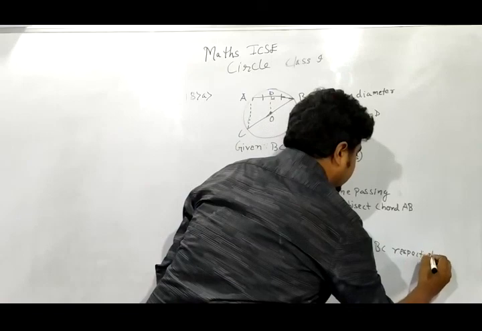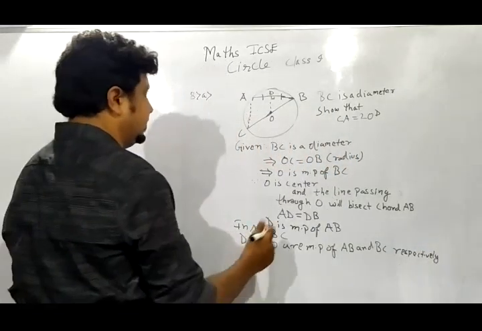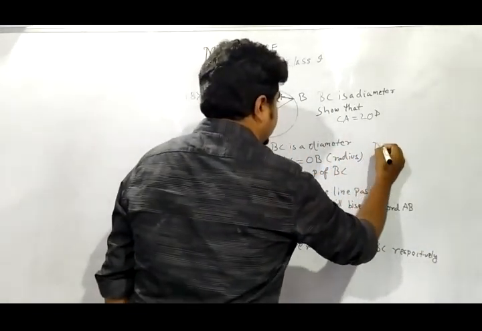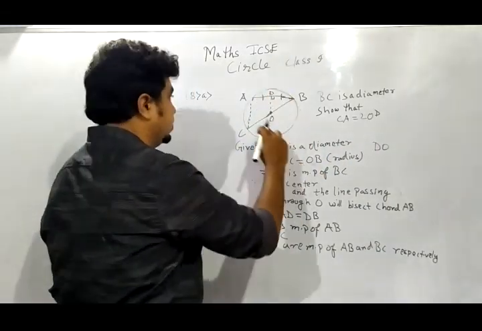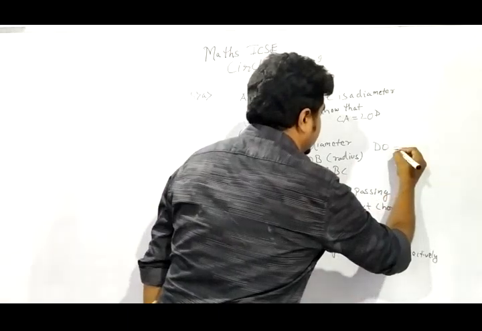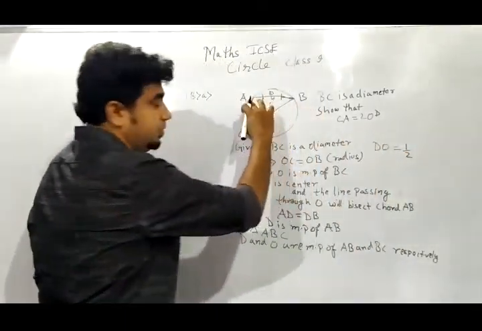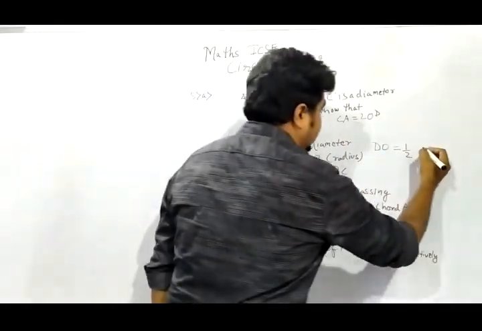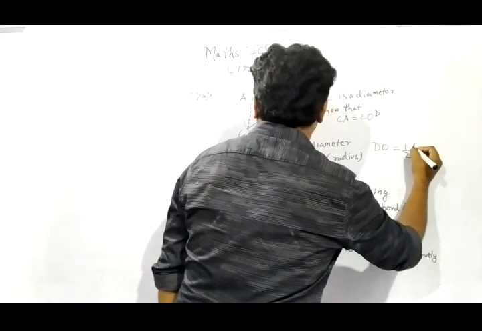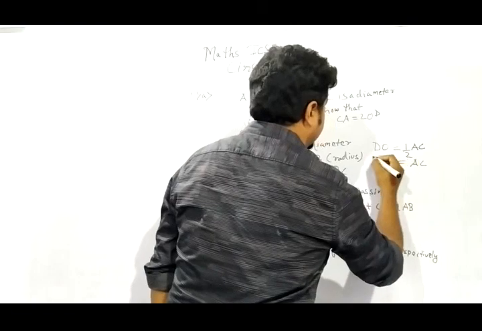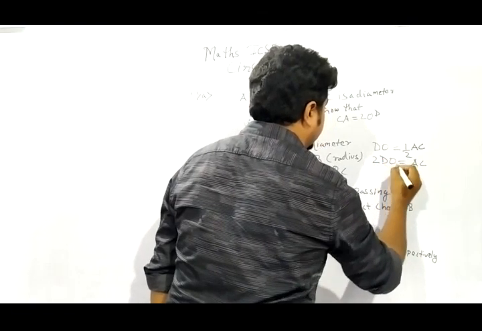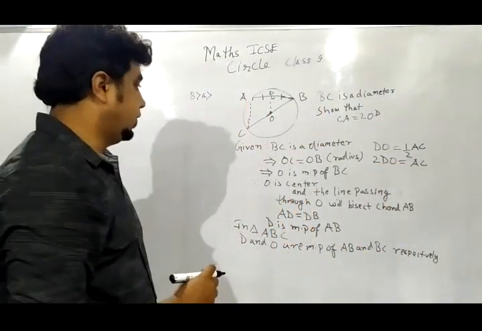So from here, by the midpoint theorem, the line joining D and O, DO, will be half of the base. This is the base AC. So we are getting DO is equal to half of AC. So we get AC is equal to twice DO. So this is the proof of this part.